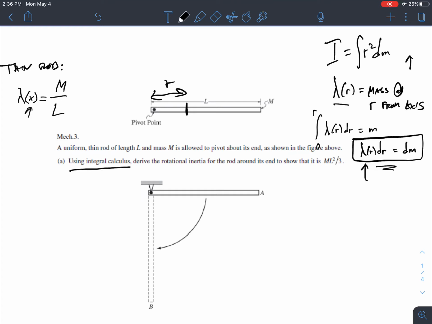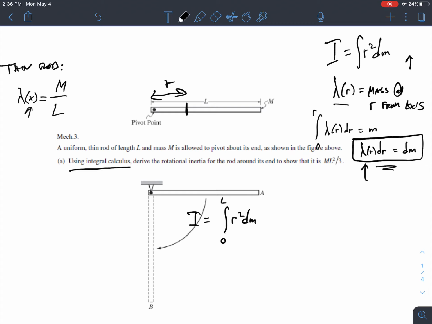So we know that the integral from 0 to L, that's the full length of the rod, if we want to find the rotational inertia, is going to be this integral of r squared dm.